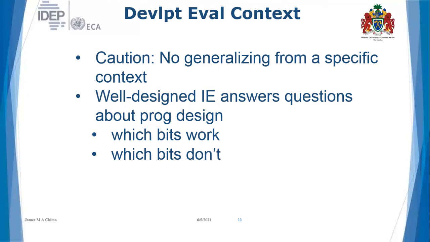However, in the event that what was assumed has turned out to be contrary, then we see an intervention that flops. And therefore, we go back to the drawing board to relook at the design that was made.